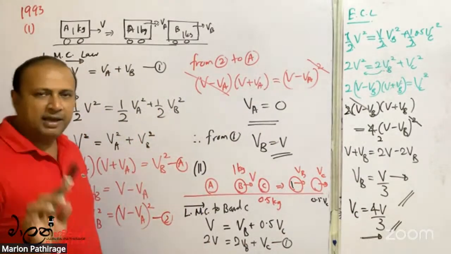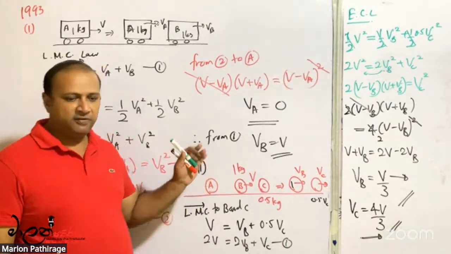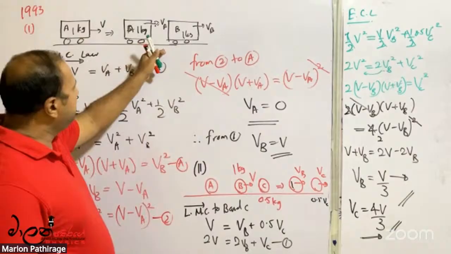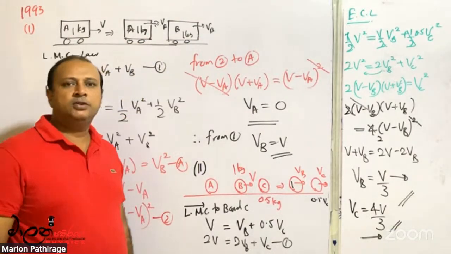Then there are only two collisions altogether. One is A with B, the other one is B and C. Those are the two collisions.